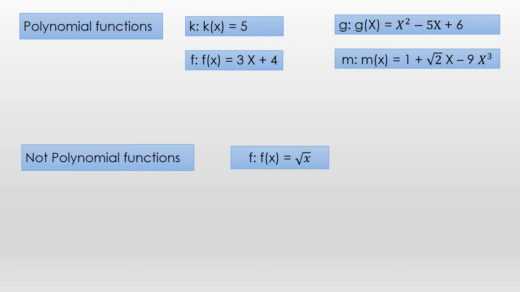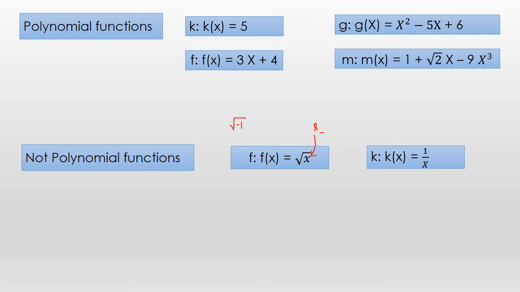We find that root x is not polynomial because negative real numbers don't have a real number under the root. For example, root of -1 is not a real number, so this is not a polynomial function.